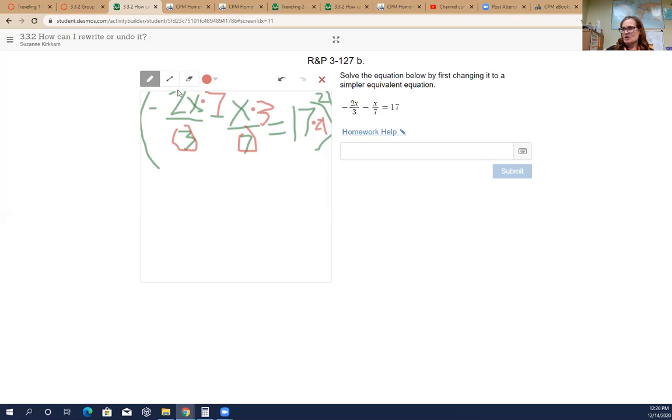Okay, so 2x times 7 is 14x. Oh, and that's a negative. Minus 3 times x is 3x.